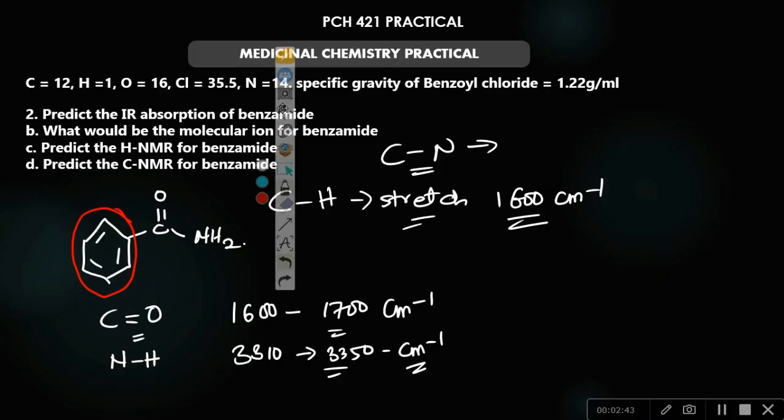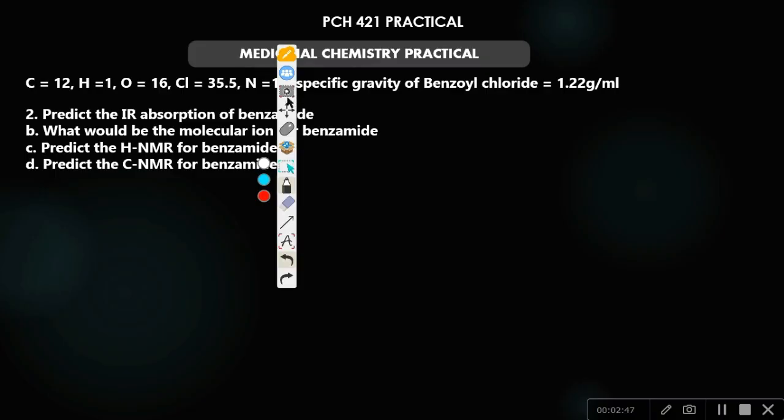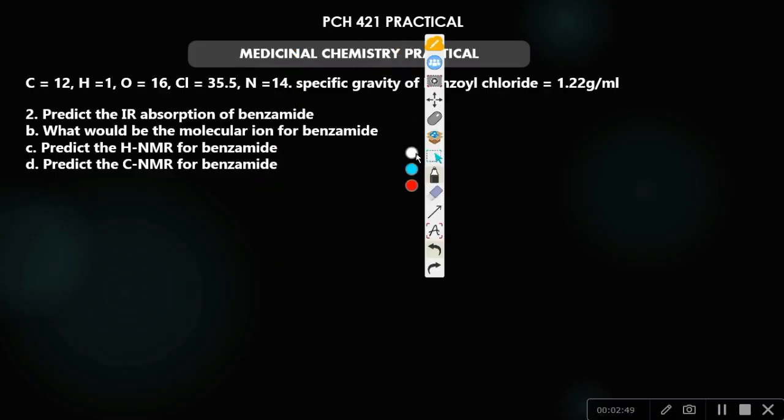Now, the next question says, what will be the molecular ion for benzamide? When we talk about molecular ion, it is mass spec. The molecular ion gives us information as to the molecular mass of the compound. So you write the compound in question, exactly, then you put it in bracket.